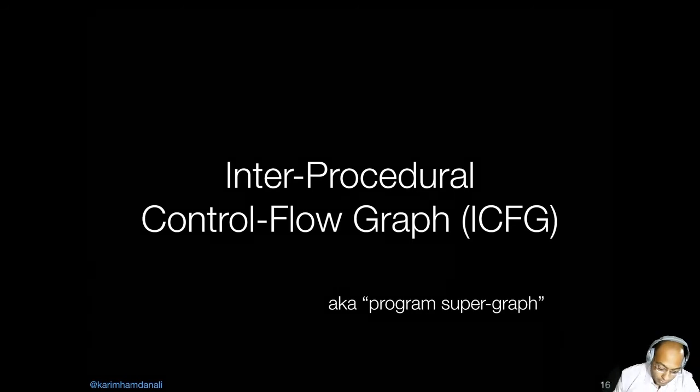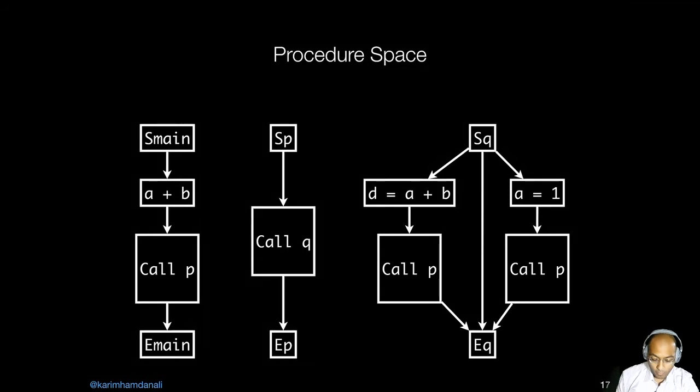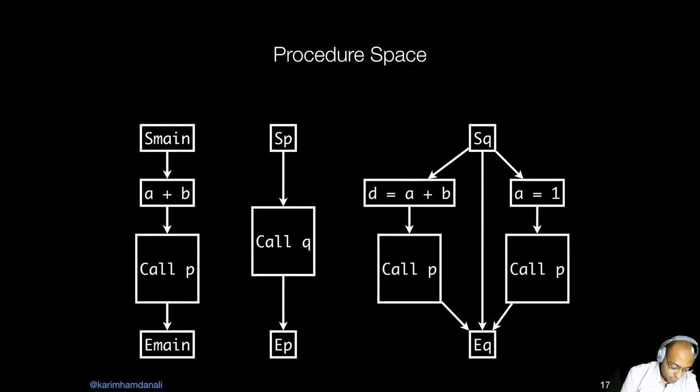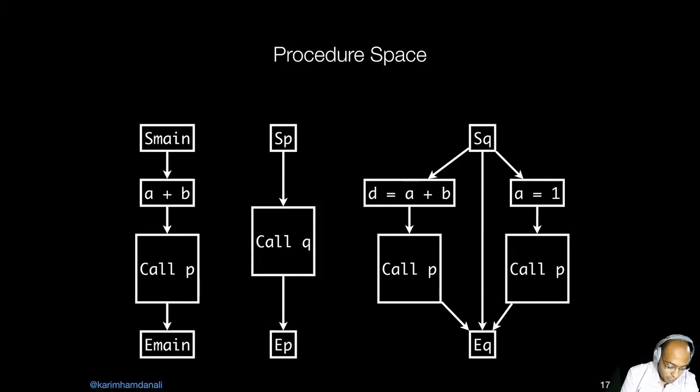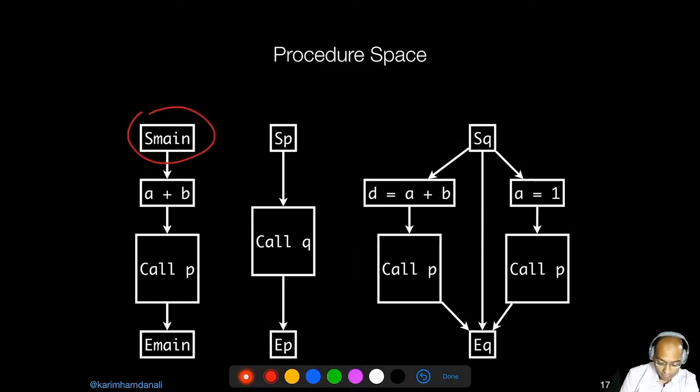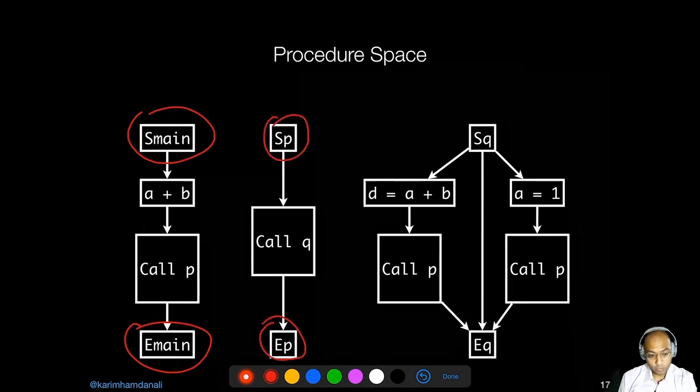So if this is going to be our procedure space, how are we going to create this ICFG or program supergraph? Let's say we have a main method. We're going to have sMain, the starting point of main, and the end of main. We're going to have method P, so we have SP and end of P. We're going to have a method Q, so we have SQ and also EQ.